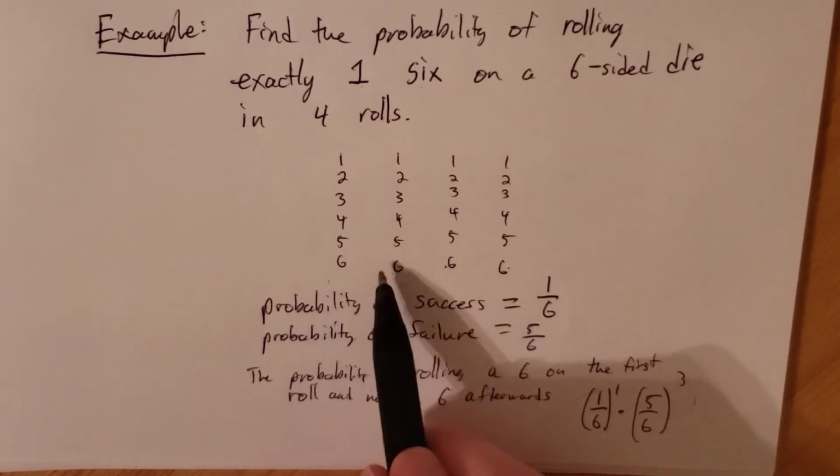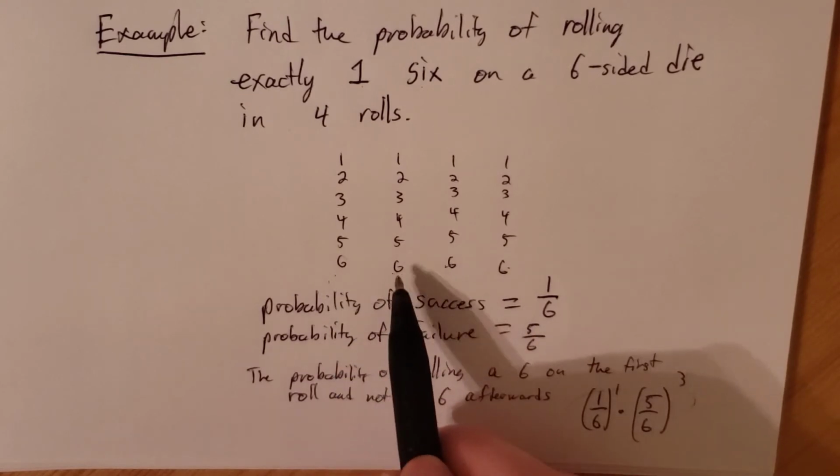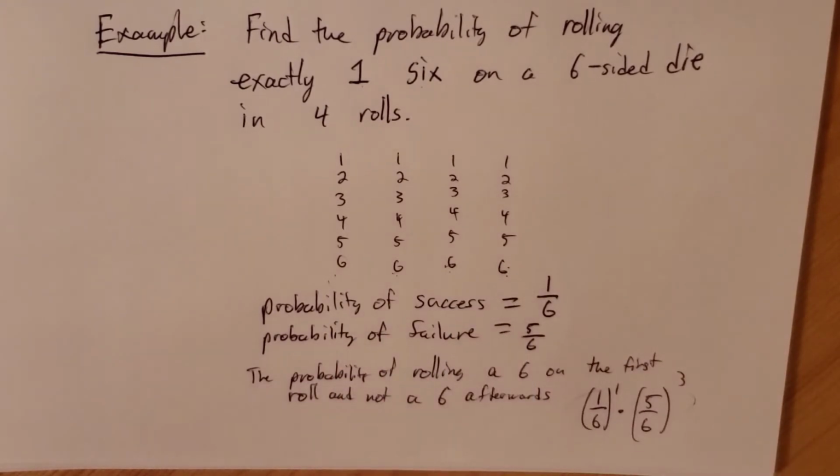In this case, it's pretty easy to see that could have been done 4 different ways. We could have had the 6 here, or here, or here, or here. But how do we actually calculate that using a formula that we already know?